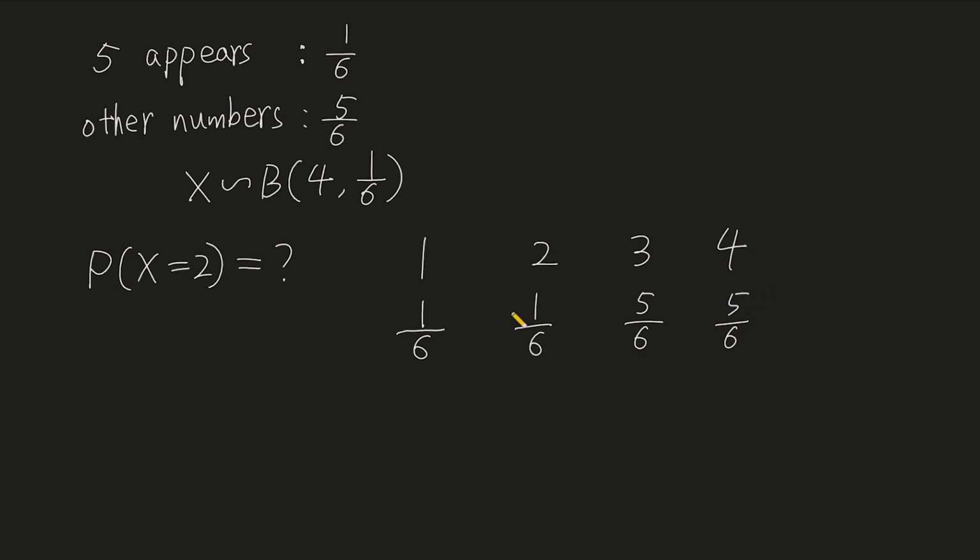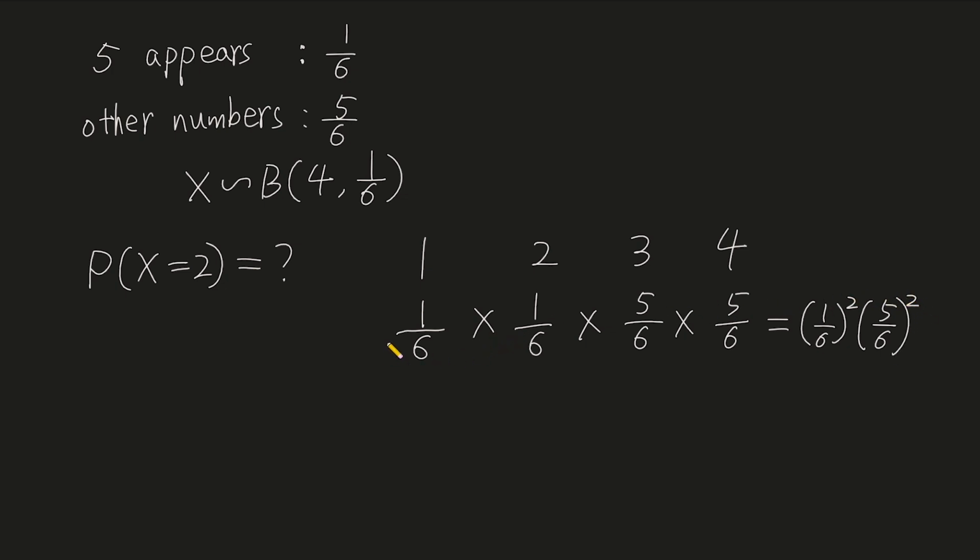This is one case. The probability for this case to happen is these multiplied. This equals 1 over 6 squared multiplied by 5 over 6 squared.